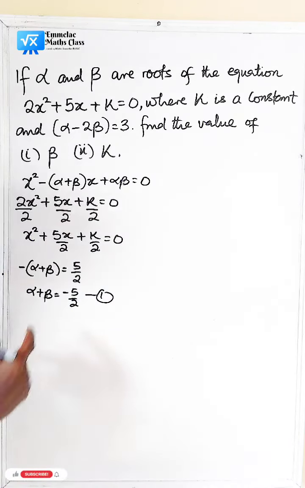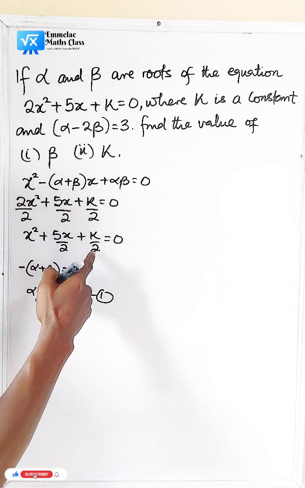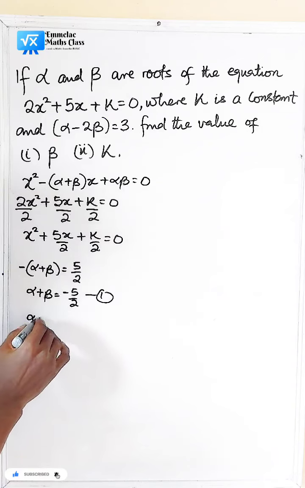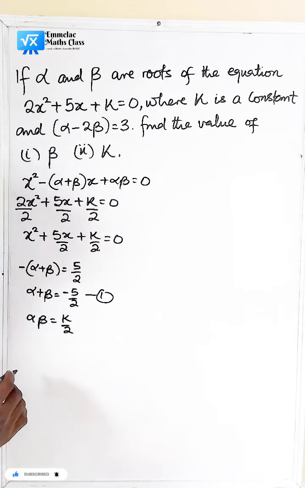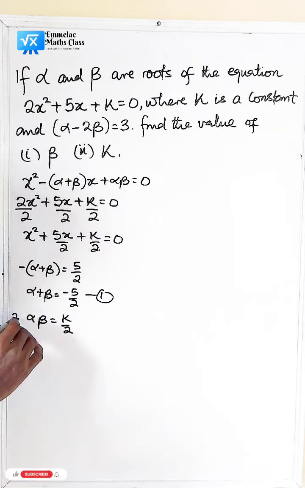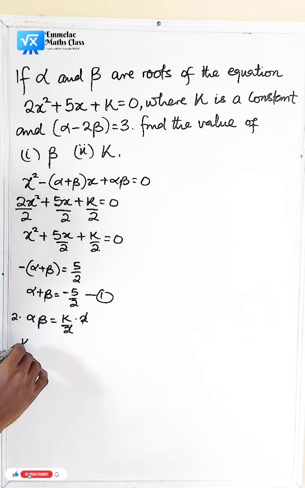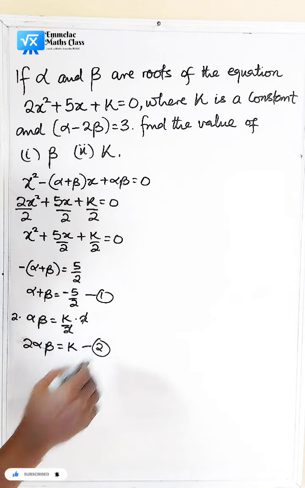Now here we also have that alpha beta is likened to k all over 2. So alpha beta equals k all over 2, which, multiplying both sides by 2, gives 2 alpha beta equals k. This is equation 2.